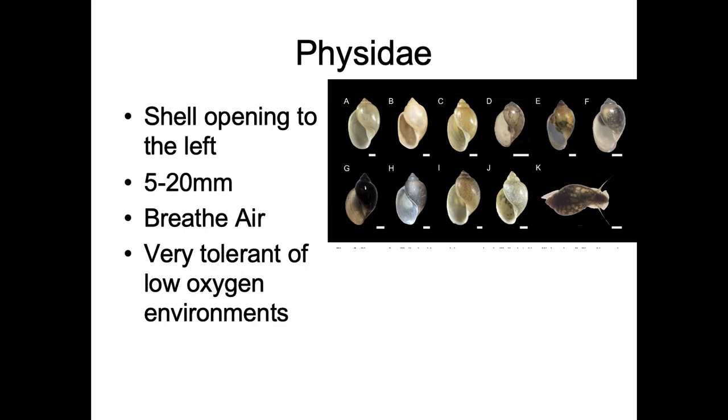As we look at different taxa and how well they do under different water quality scenarios, a big factor is going to be whether they can tolerate these low oxygen environments. And anything that can breathe air is going to be very pollution tolerant because low oxygen is indicative of some pollution.